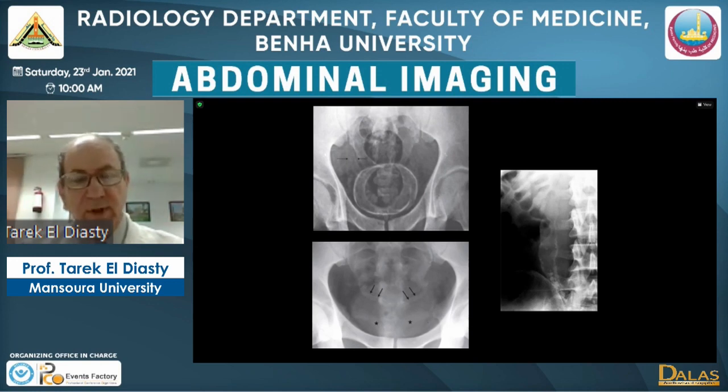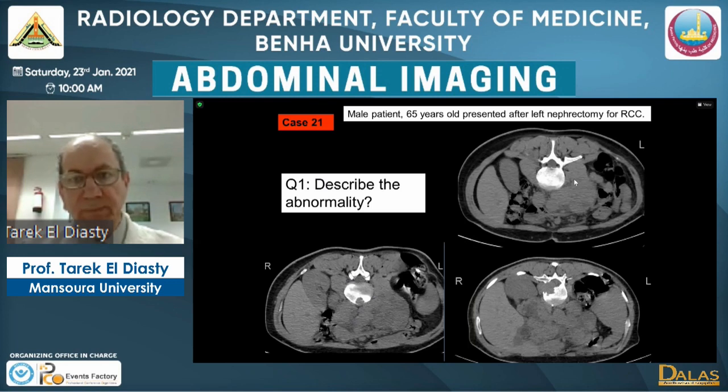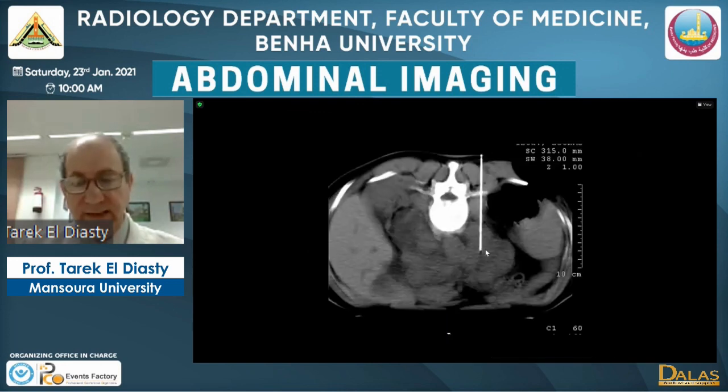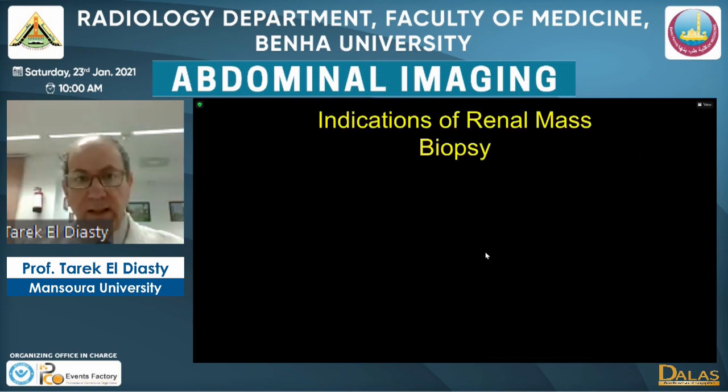Last example is this mass in a patient with a history of left nephrectomy for renal cell carcinoma, with some bony erosion here. To diagnose whether it is a recurrent renal cell carcinoma or not, we can do a CT guided biopsy. So what are the indications of renal mass biopsy to differentiate renal cell carcinoma from these other lesions?